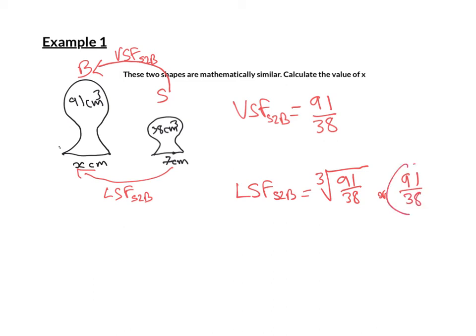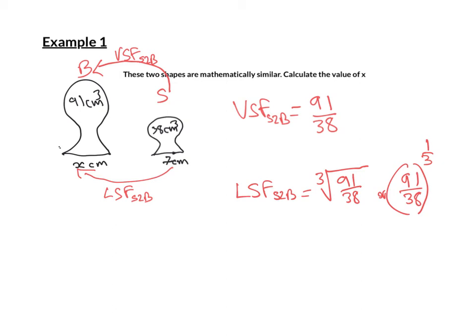So you should know that when we have a fractional index, the denominator is always the root. So the third root is the power of a third. That's the same as 91 over 38 to the power of a third. It doesn't matter because you can use either method on the calculator, but it's just good to know that.